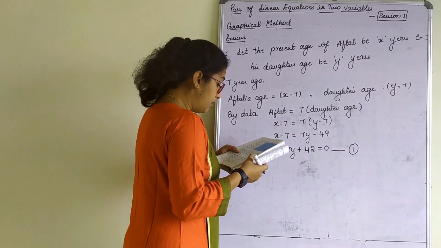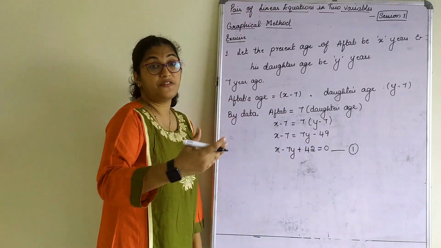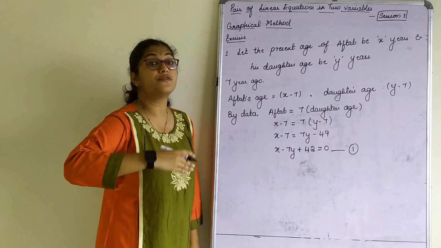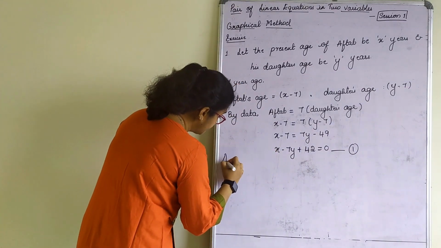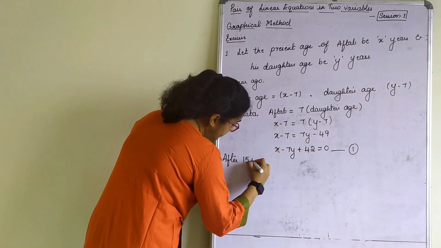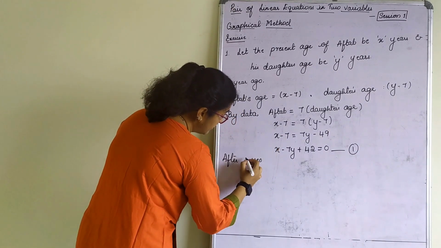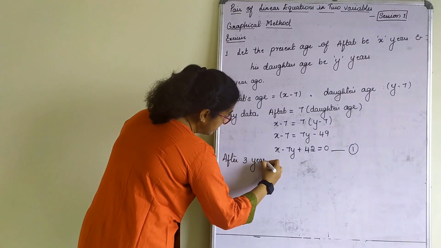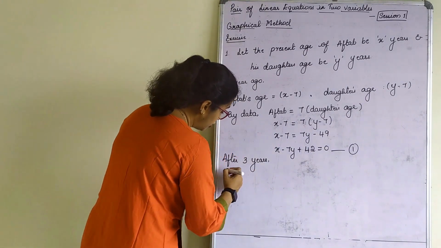Next. 3 years from now. That is from now 3 years. If I tell your age is 15, 3 years from now means 15 plus 3 you will do it. Right here. 3 years from now, 3 years. So again we will write what will be Aftab's age here.